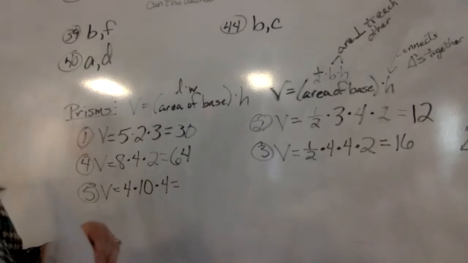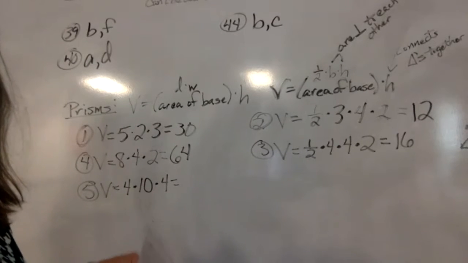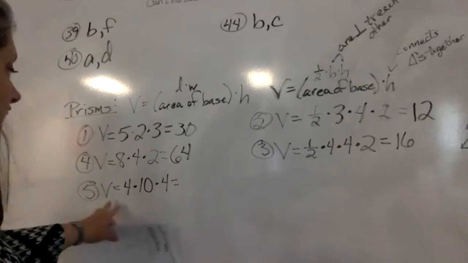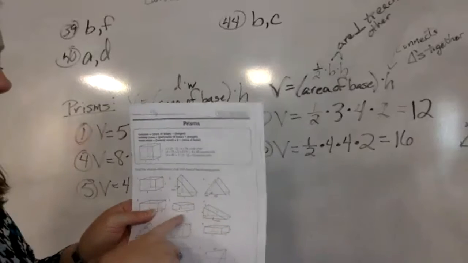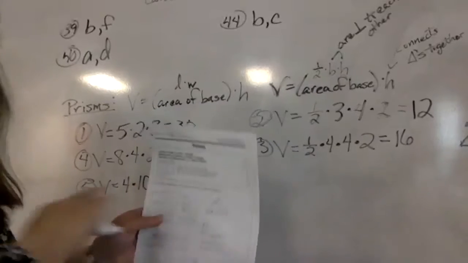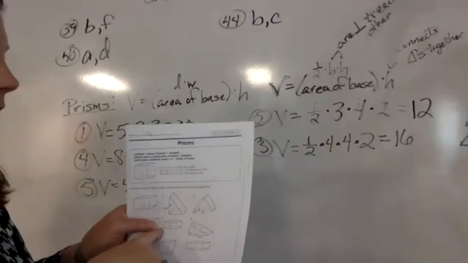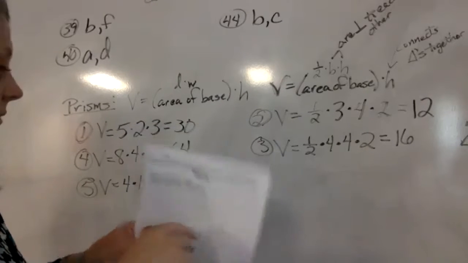Now, technically, it doesn't matter which one you say is which, because does the order matter when you're multiplying? No, ma'am. No, but you just kind of need to know which one's which. I always use the rectangle on the bottom that it's sitting on as the base. So the length and width are the 4 and the 10, and then the height is 4.